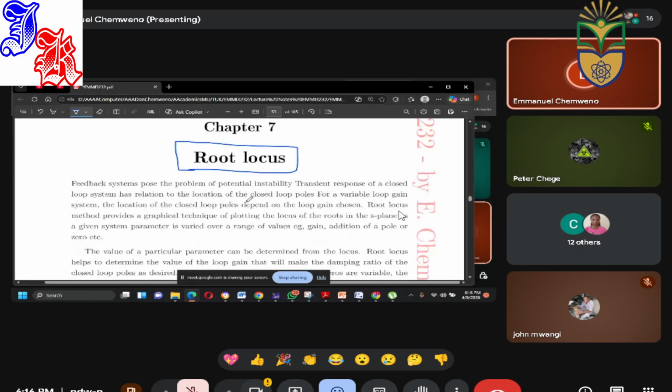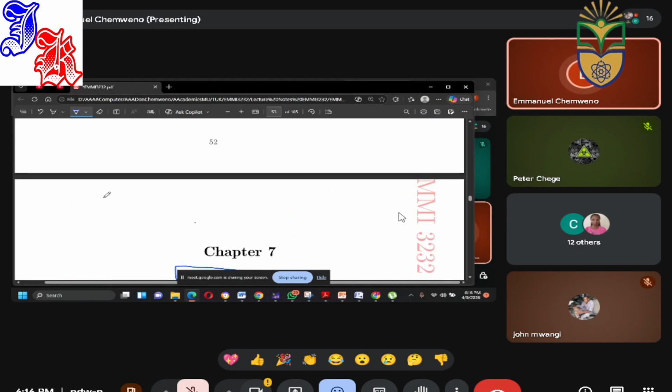Now, what's a root locus? Supposing you have your system K over S, a first order system, with a variable gain.